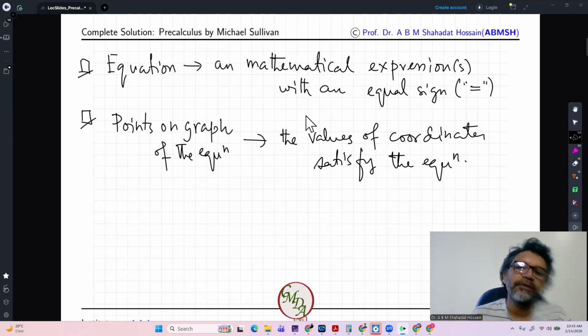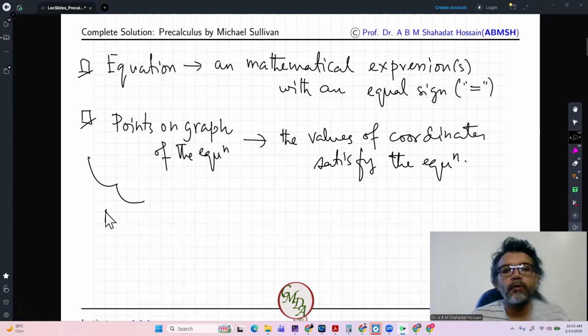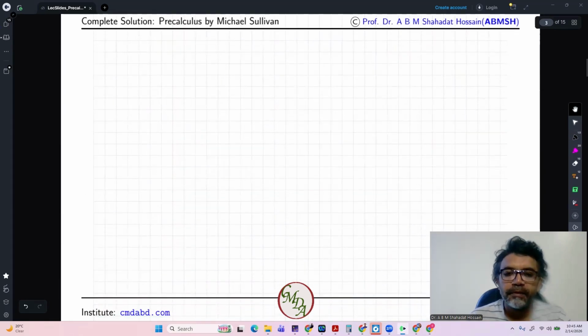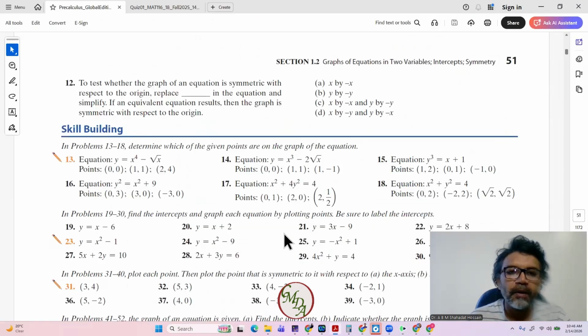Based on these notes, we are going to solve the problems 13 to 18. Let's see which one we can solve now.